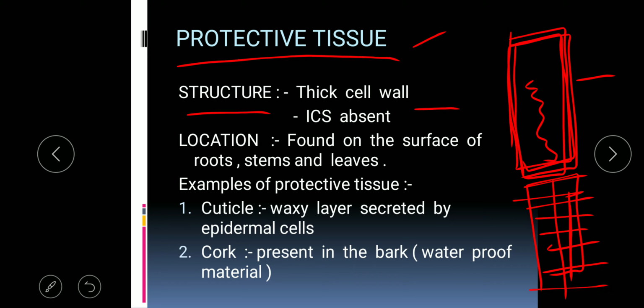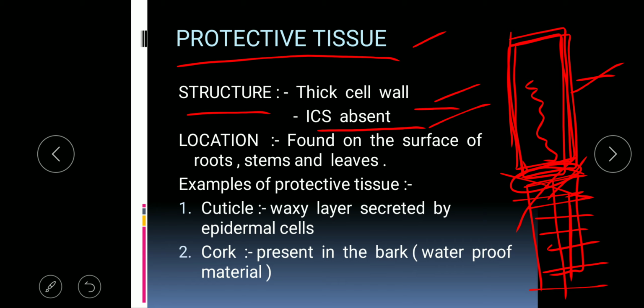Never. So here also the gaps, that is the intercellular space, the space between the two cells, will be absent. Both these structural features, the thick cell wall and the absence of intercellular space, will help in the purpose of protection.